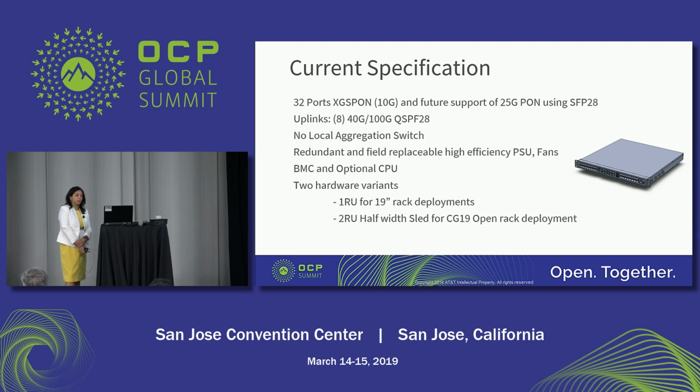The one new thing we did in the spec is remove the local aggregation. The reason being AT&T is moving towards a disaggregated OLT implementation in the central offices. Later today, you will hear from ONF on a project called SEBA, which is SDN-enabled broadband access. We have been partnering with several operators and suppliers, working with the ONF community on that disaggregation approach.